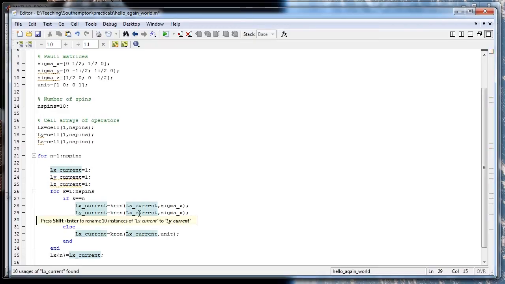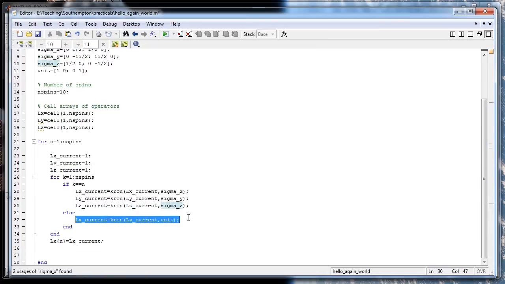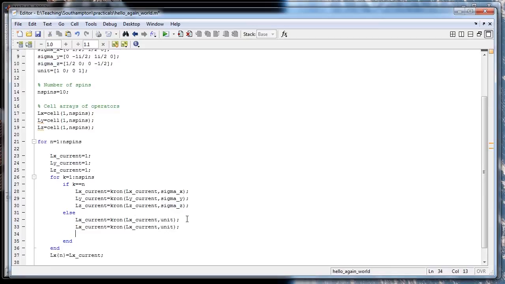So if it's Ly here, then it's Ly here, but also importantly sigma y on this end. So z, z, z, and finally here.